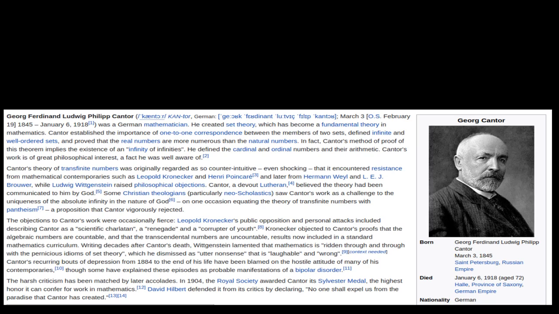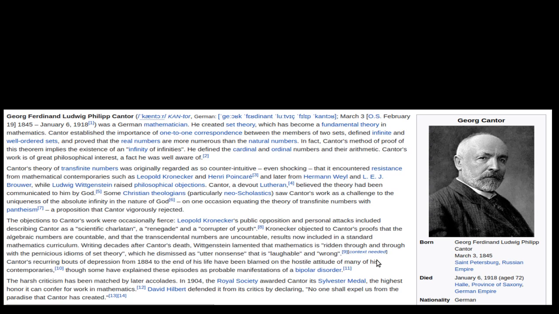George Cantor is considered the father of set theory. He was born in 1845 in Russia and died in 1918 in Germany. He spent his entire life to learn, teach and propagate mathematical ideas.